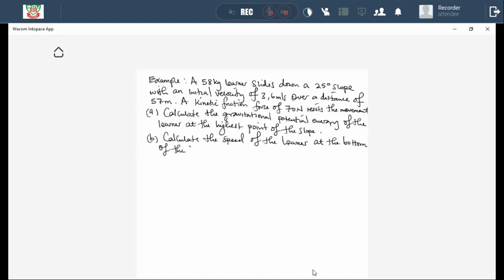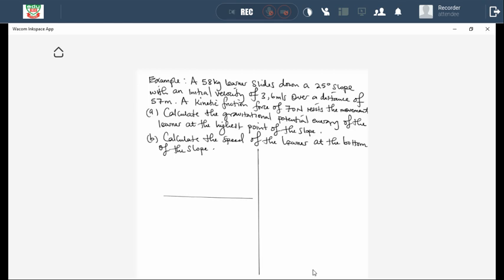In other words, when the learner reaches the bottom part. Allow me to divide this page into two so that my calculation can fit, so you can have a sketch of the diagram here, a sketch of what is happening. You can have that bonus.